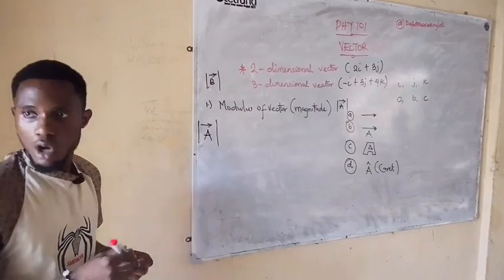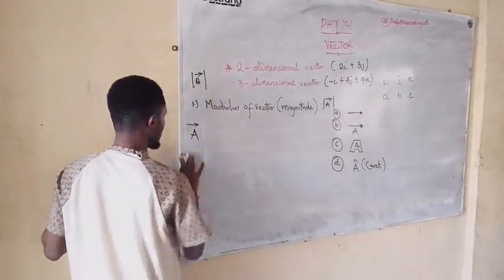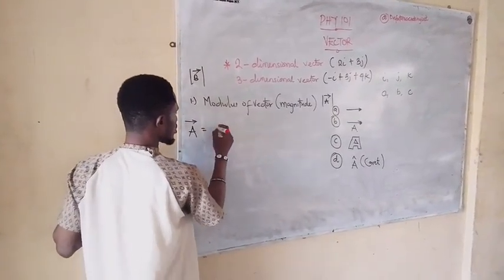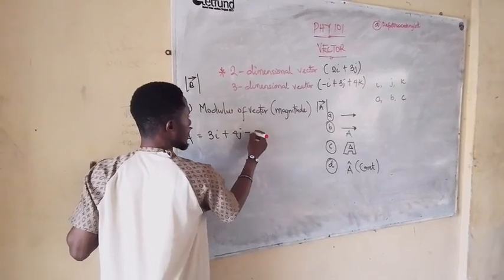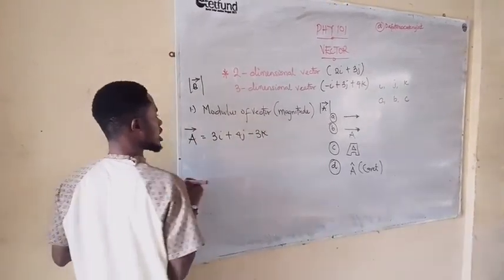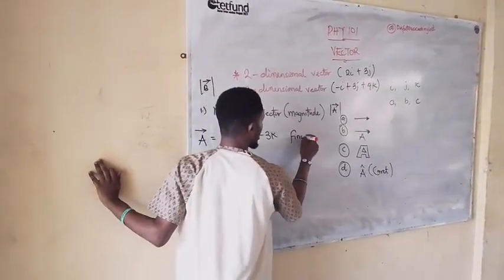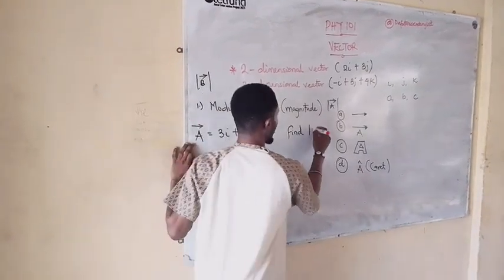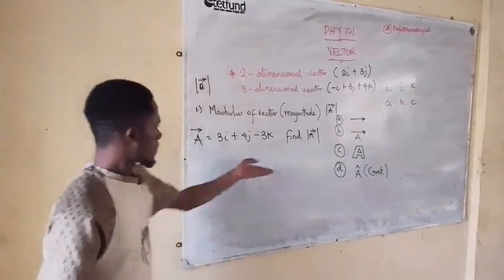That becomes the sign of modulus. Let's say we're given 3I plus 4J minus 3K. This is actually a 3D vector, and we are asked to find the modulus of A. What will I do here?